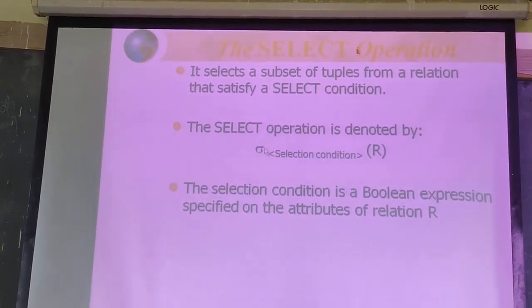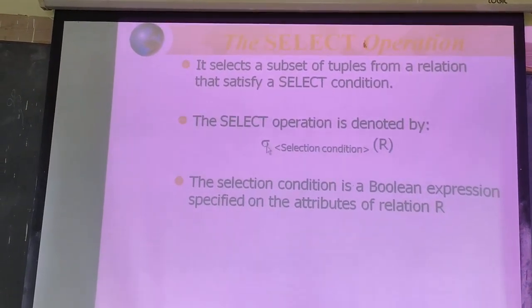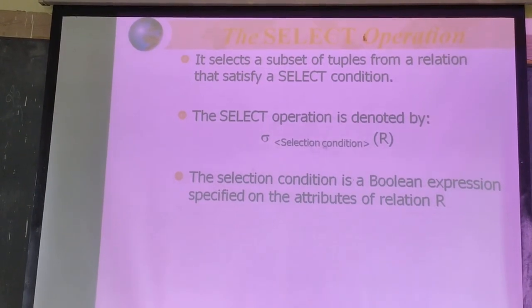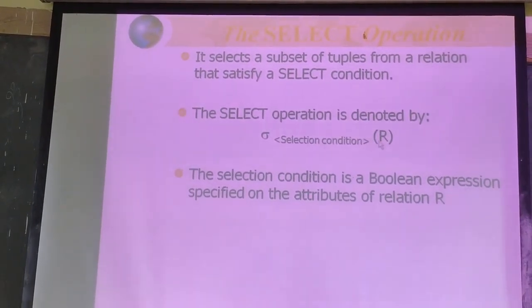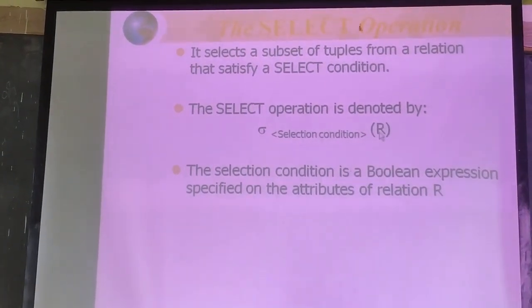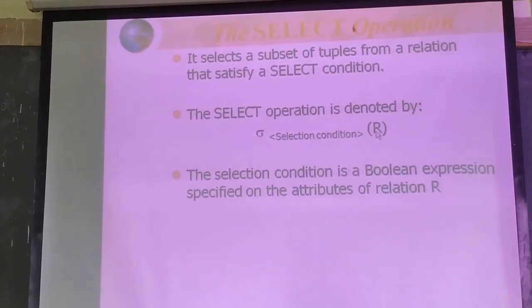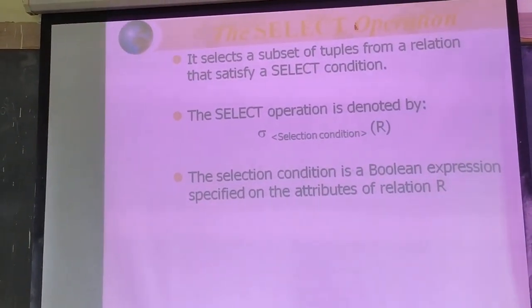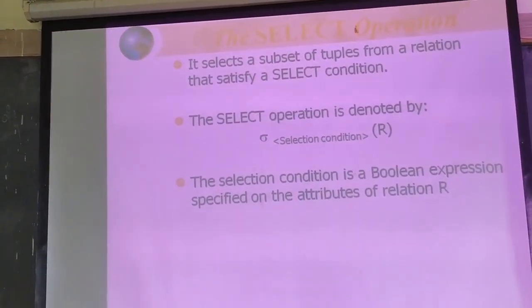This symbol denotes a select operation, using a condition on the relation. Here R represents the table or relation in the relational algebra expression, the relation containing a set of tuples from the existing table.